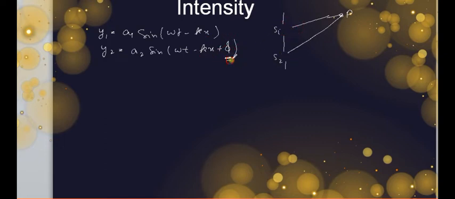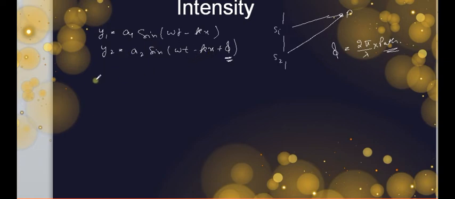Why are we adding the phase difference in the second wave? Because the path travelled by the second wave is the longer one, and the phase difference is given by 2 pi by lambda into path difference. So if the path difference is additional, then the phase difference is additional. Otherwise, if you want to put phi in y1, then you have to write minus phi. Here we are writing it in the second wave, so we write plus.